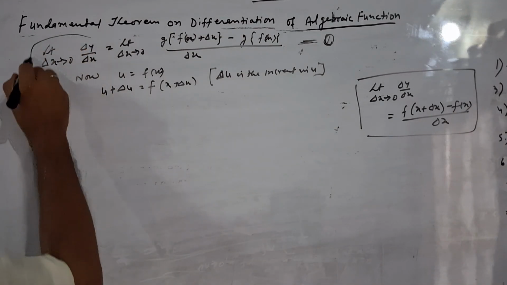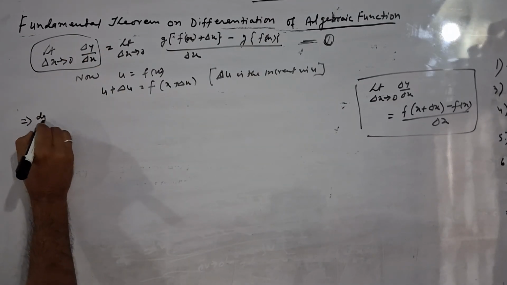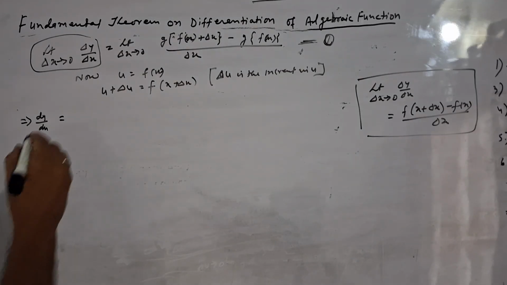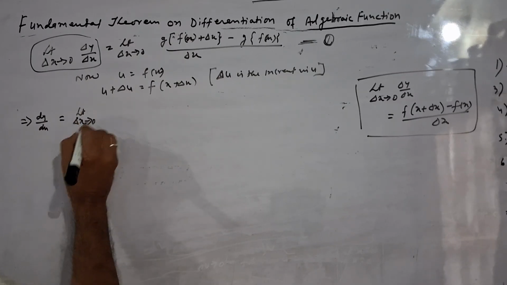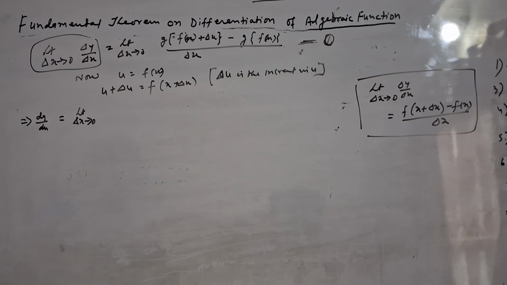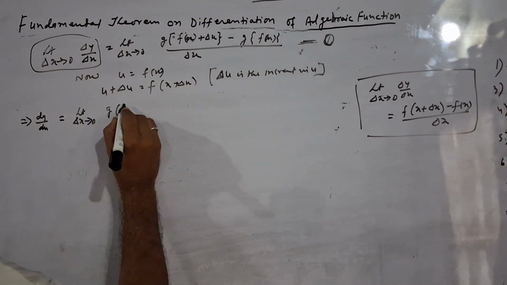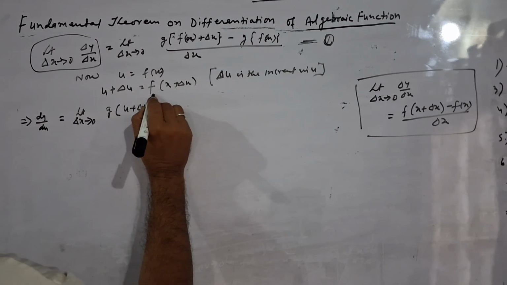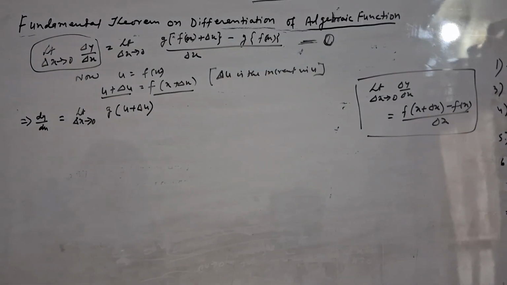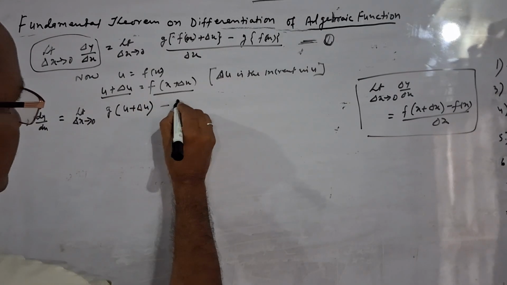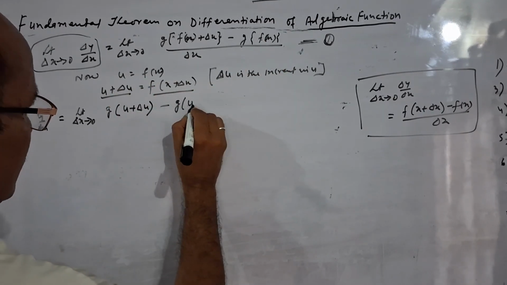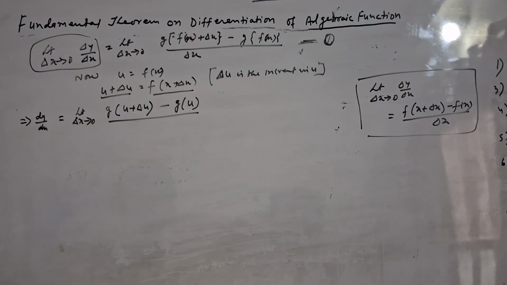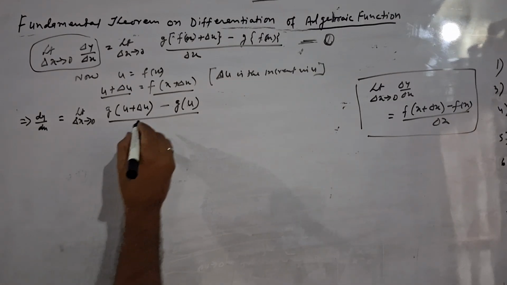For this part, we can write dy by dx equal to limit delta x tends to 0, g into u plus delta u, substituting this value, minus g into u, divided by delta x.